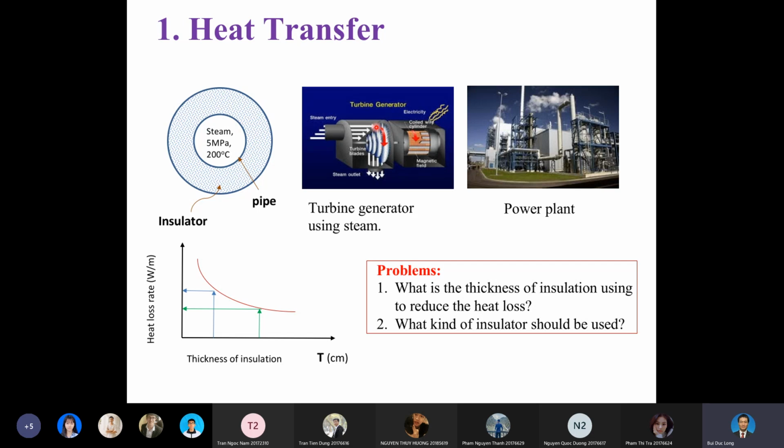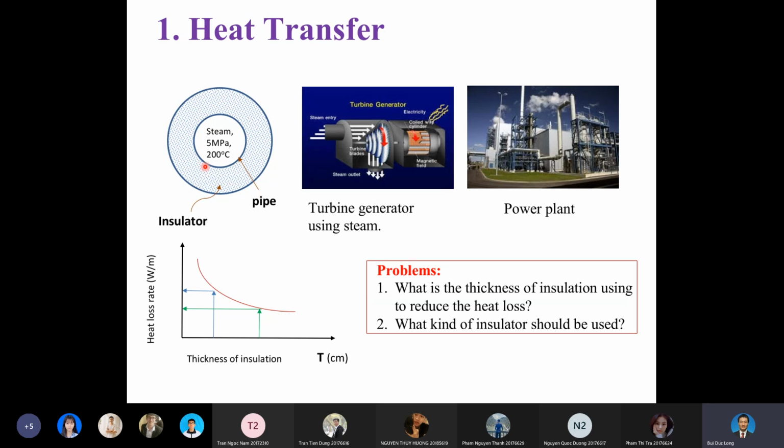On the way of transporting steam from the boiler center to the turbine generator, the heat can be lost. So how do we design our pipe, what kind of material or what kind of pipe should we use to reduce the heat loss.